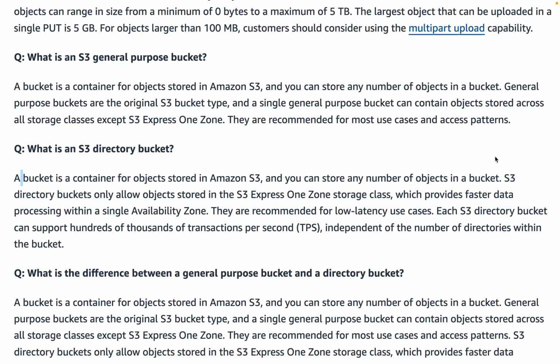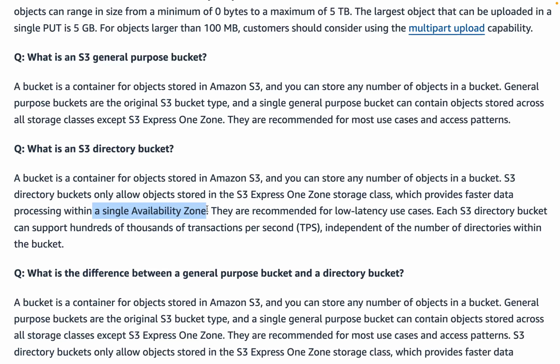S3 directory buckets only allow objects stored in the S3 Express One storage class, which provides fast data processing within a single availability zone. So I thought this could be something different, but it just comes from the name: fast, and one zone availability. It's only available in one zone. I don't really know the reason for keeping it in one zone. If it is multiple zones, I'm telling you indirectly it's not going to be fast.